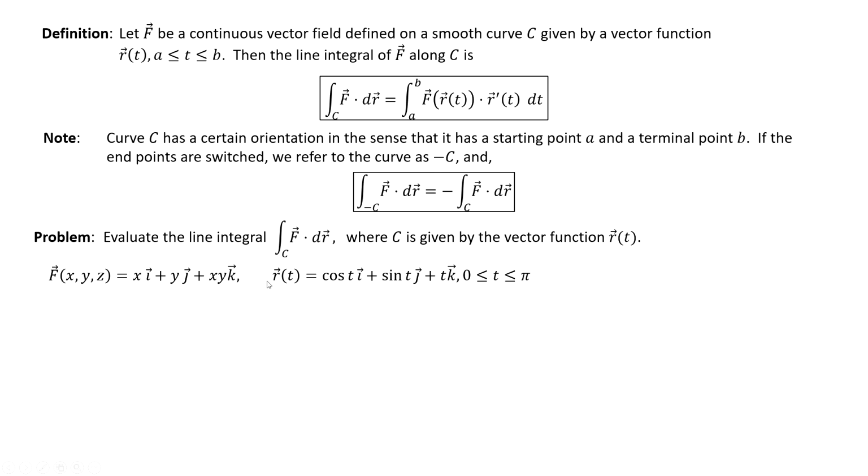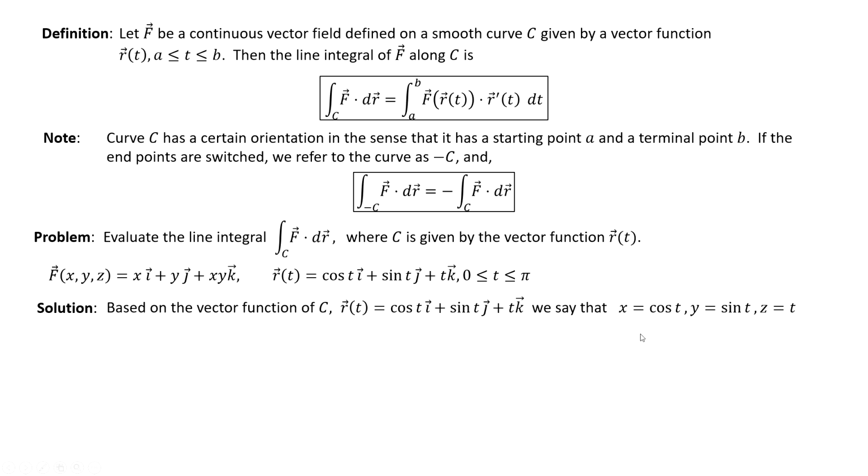Would you agree that what this is saying is x of t is cosine t, y of t is sine t, and z of t is t? That's what it is saying. So solution: based on the vector function, x is cosine t, y is sine t, and z is t.